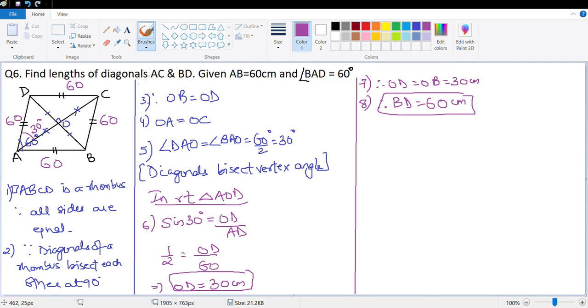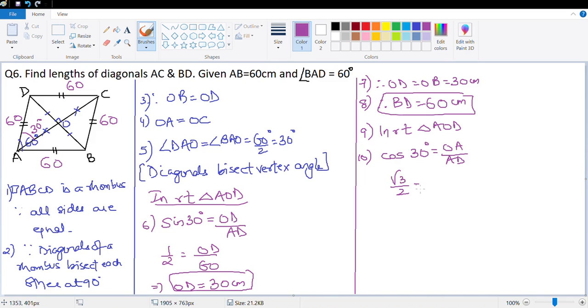Let's try and find the next diagonal. We'll keep the reference triangle the same. In right triangle AOD, this time I am looking at finding OA, which is the base or the adjacent. So I am looking at the trigonometrical ratio of cos. Cos 30 degree is equal to OA upon AD. Cos 30 degree is equal to root 3 upon 2.